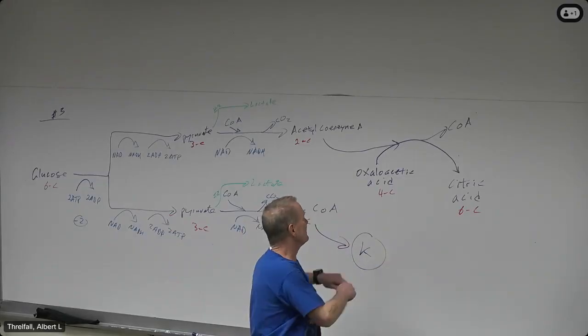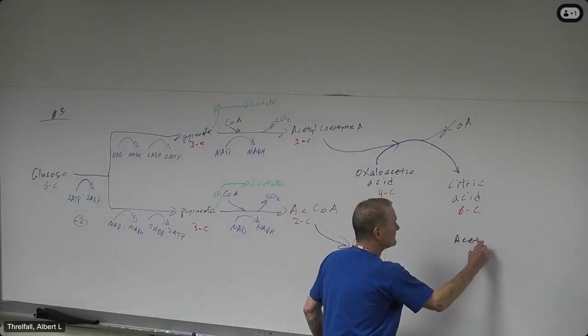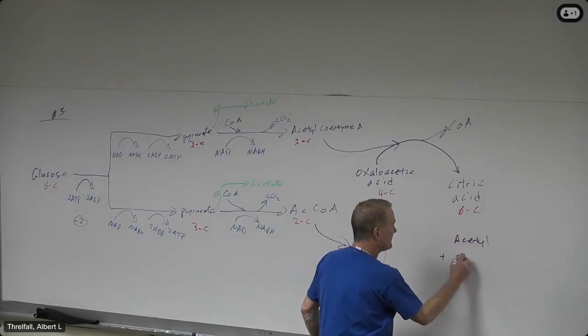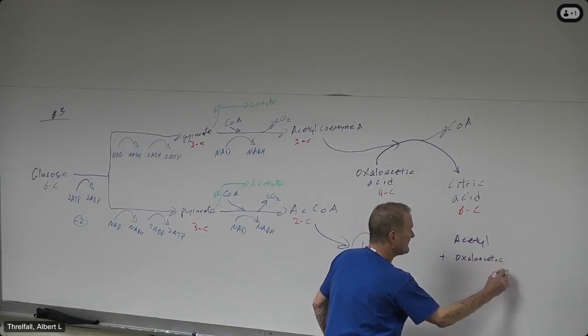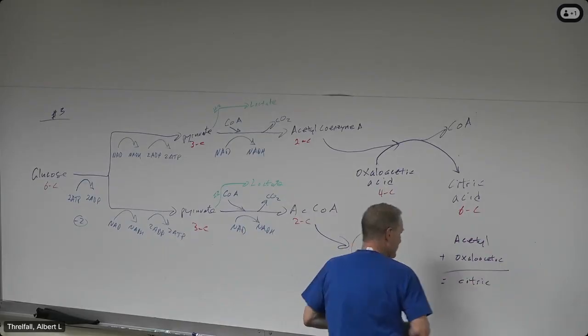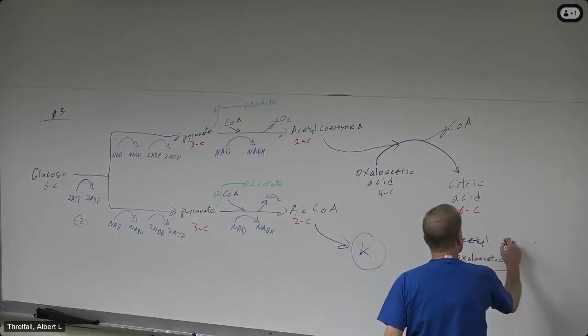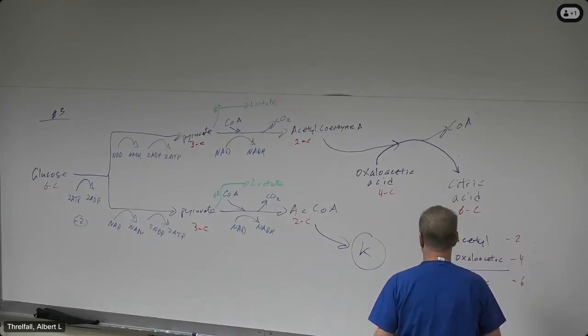So looking at this a different way, we've taken acetyl plus oxaloacetic, and that gives us citric. That's 2 carbons, 4 carbons, 6 carbons.